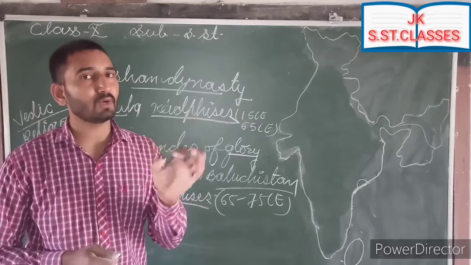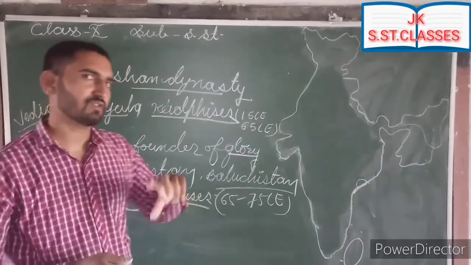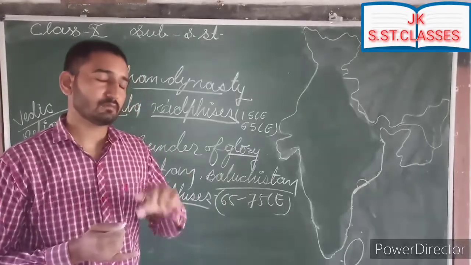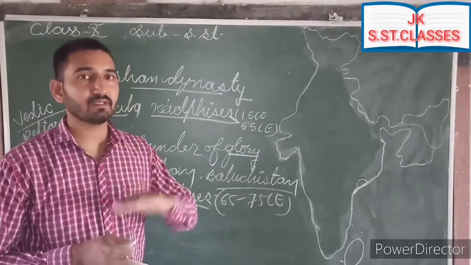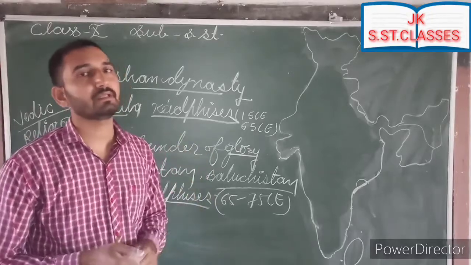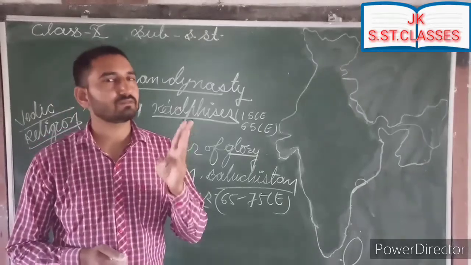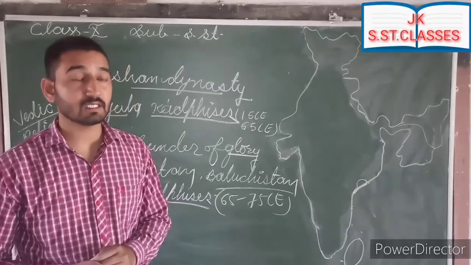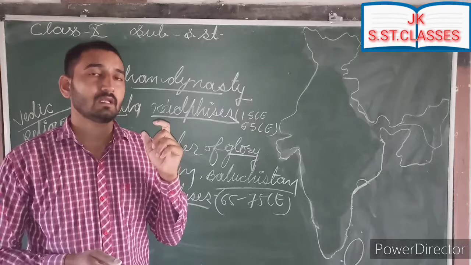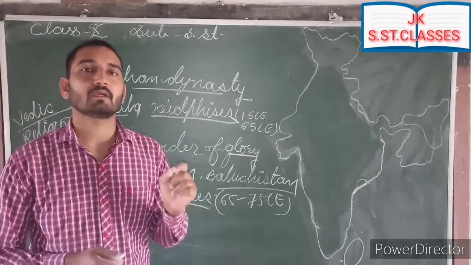coins made with pure gold were started by Vim Kadphises. Means he was the first who started the coins by inscribing the name on that, and along with that, pure gold coins were circulated by the Kushans by Vim Kadphises. And along with that, the third most important thing, and that is the largest number of gold coins were issued by Guptas.